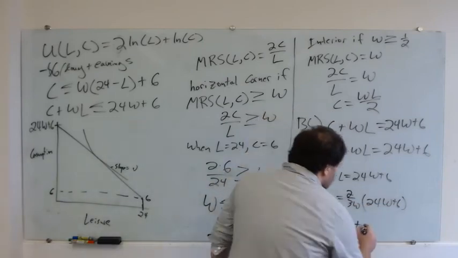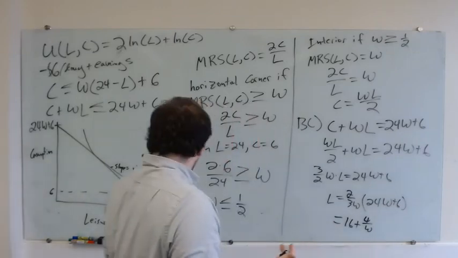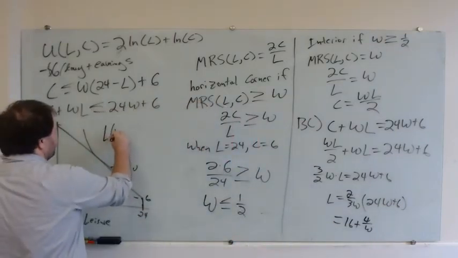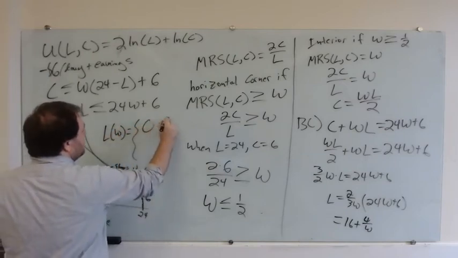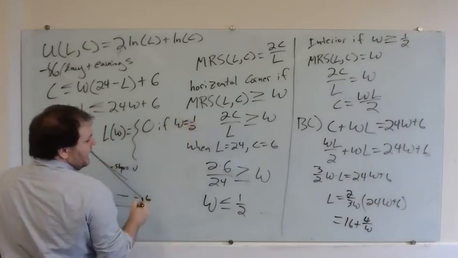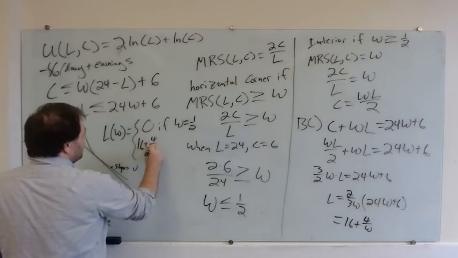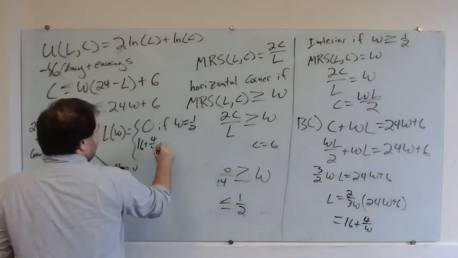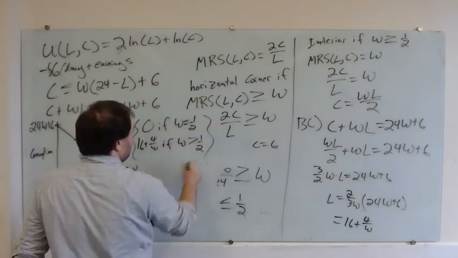So plus 4 over W. Right, so all told, my choice of leisure as a function of W is going to be 24 if W is less than or equal to 1/2, and 16 plus 4 over W, right, if W is greater than 1/2. Cool, cool, cool.